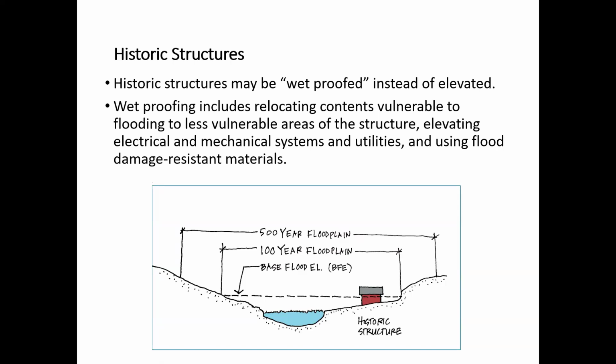FEMA has different rules and actually different guidance for historic structures that allows what's called wet proofing, allowing water to enter the structure, do less damage, and then flow out. Big things related to that are elevating electrical and mechanical systems and utilities and using flood damage resistant materials. But in all cases, this means water is coming into the building and then leaving the building.